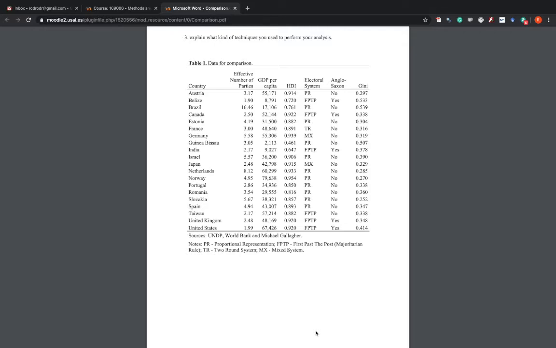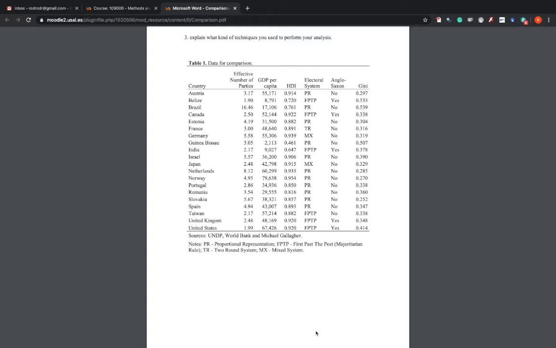Most of you that delivered the exercise understood this and found that the electoral system was the one responsible for the variation. And I included other variables to confound you, to make the analysis more difficult. Why did I do that? I did this because in real life situations we have data that is messy, with most things that we don't know.